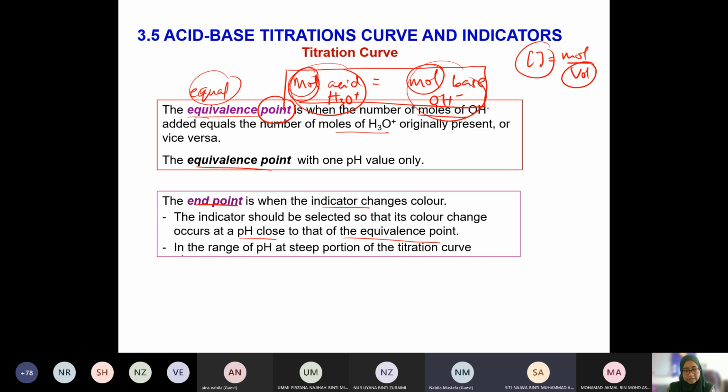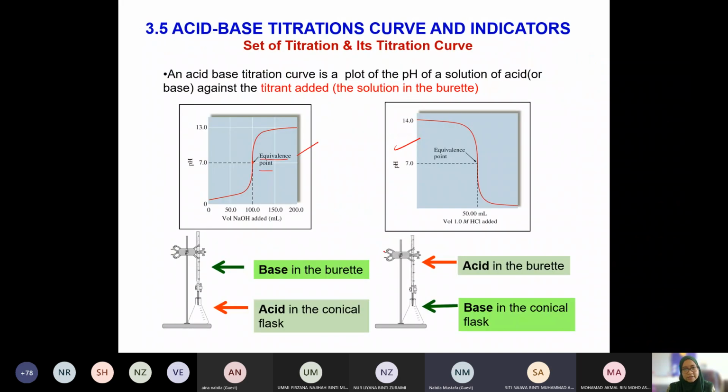Okay, so this endpoint is in the range of pH at steep portion of the titration curve. Steep portion, like I said, this is the steep portion, guys. So this steep portion, steep adalah curam. Okay, part paling curam sekali dekat titration curve tu, the curamest. Okay, macam saya cakap dekat S13 just now, the most curamest part in the titration curve.